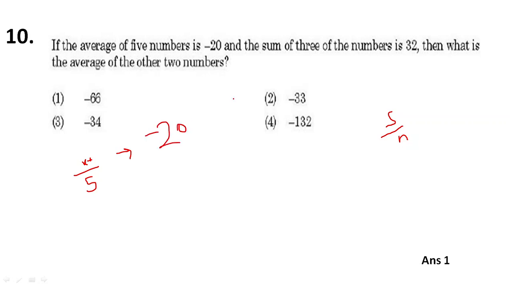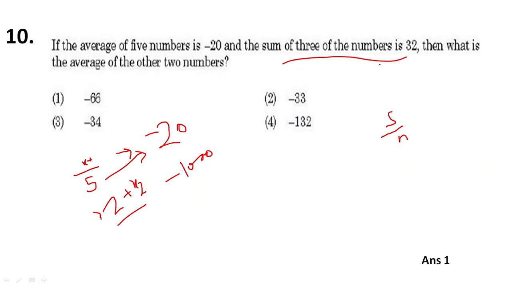Now sum of three numbers is 32 plus sum of two numbers, divided by 5 is equal to minus 20. So you can just shift the 5 here and it will become minus 100, and this side you have 32.